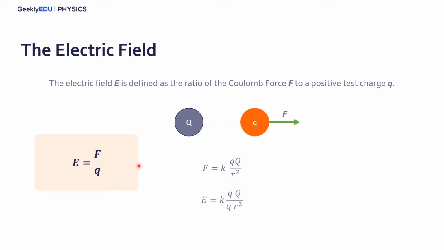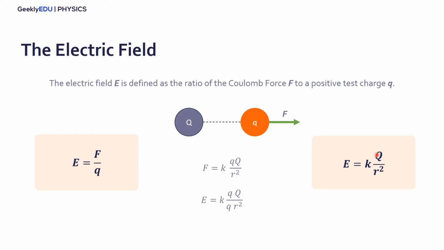If you notice, we have the positive test charge q up here and also down here, so we can cancel them out. We have this other formula for the electric field associated with a specific charge.